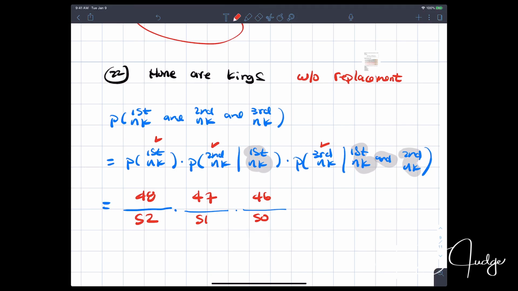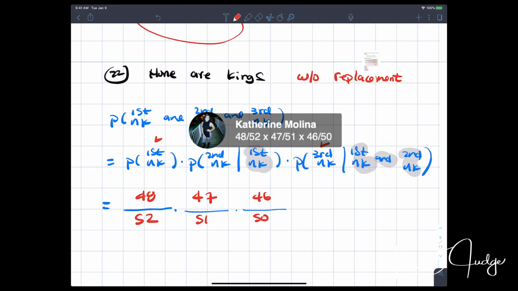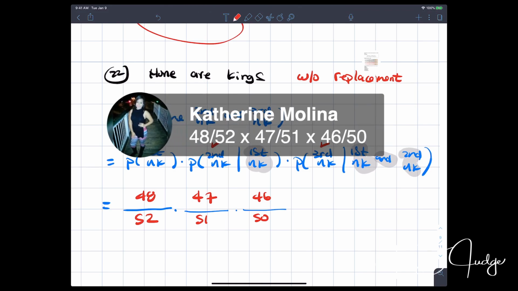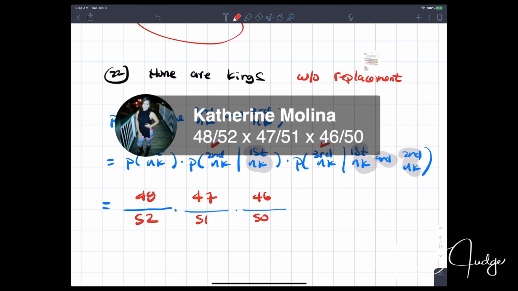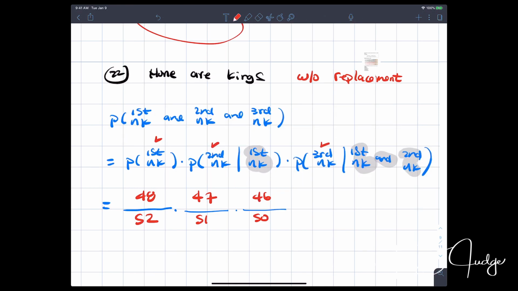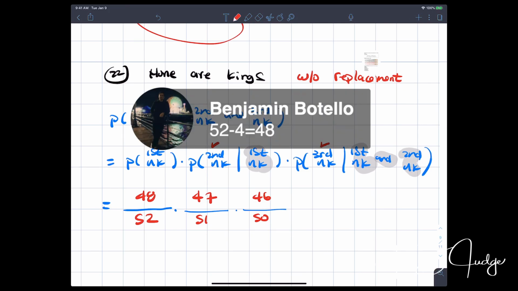So I want to demonstrate that. This is correct. Okay, good job, you guys. And yes, Benjamin, let's take a look at you here.